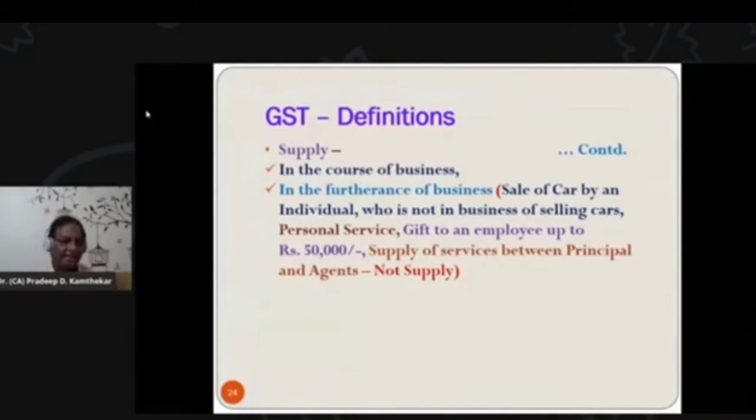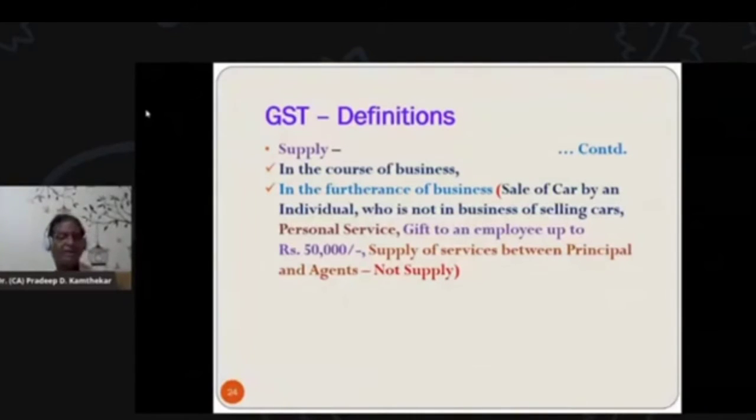But when I sell that car to my friend or any third party, and the third party or friend is paying me a certain amount, even if my relative is paying me a certain amount, there is a consideration. And since there is a consideration, it will be called supply of goods in the furtherance of business. So supply has to be either in the course of business, as a main part of the business, or it could be though not in the nature of business, but having the features of business, and features of any business are consideration and profit motive.